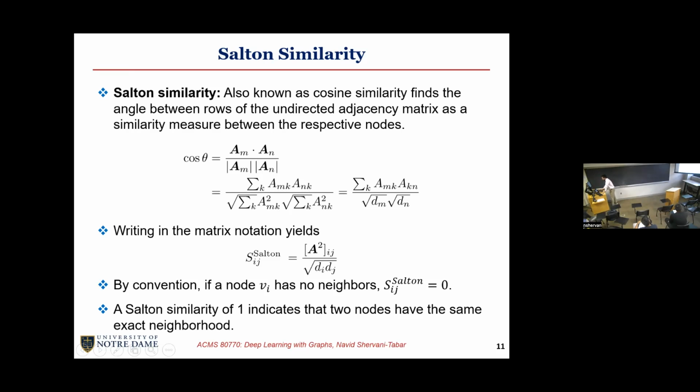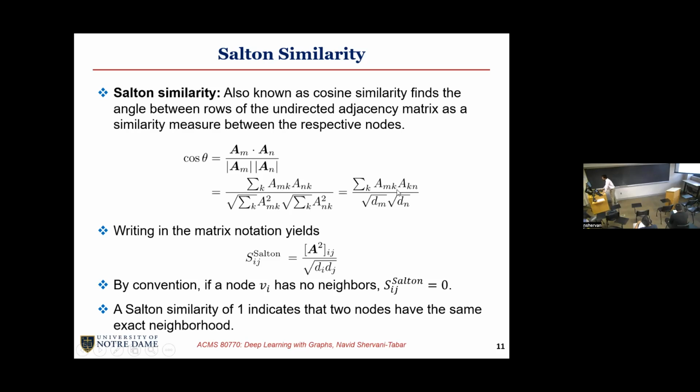Since the adjacency matrix is essentially a symmetric matrix and we are talking about undirected graphs, there is no difference between element nk and kn of the adjacency matrix. So we can simply flip the places of these two and we end up like this, right?